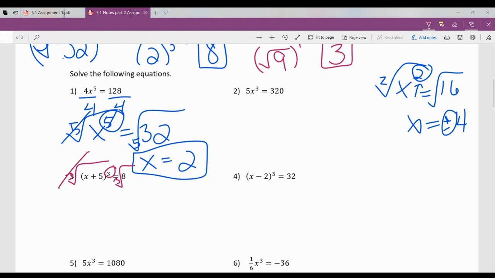So the cube root and the exponent of 3 are going to cancel. So we get x plus 5 equals, and now because once again that was an odd exponent, we don't need to do plus or minus. The cube root of 8, so what number times itself 3 times is going to give me 8? That's 2. And now we just solve for x, subtract 5, x equals -3. Final answer.